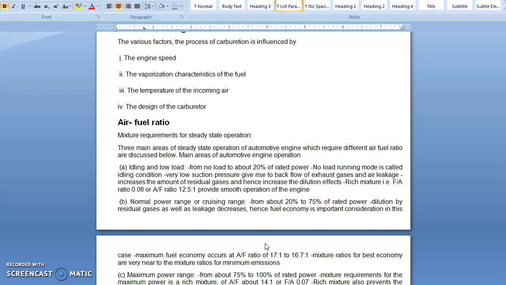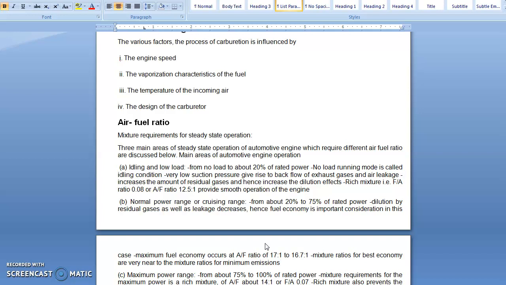And for the intermediate speed between 35 to 105 km per hour, the mixture leans out further to 15:1. But at high speed, that means above 120, with the throttle wide open, the mixture is again enriched to about 13:1.